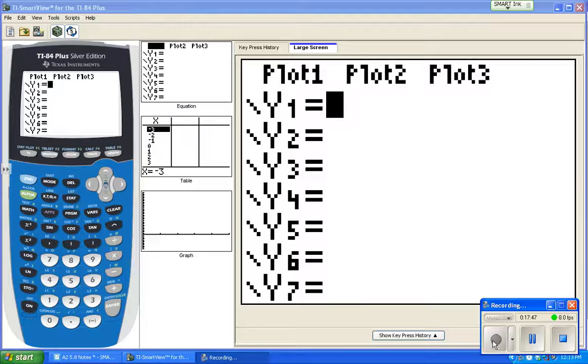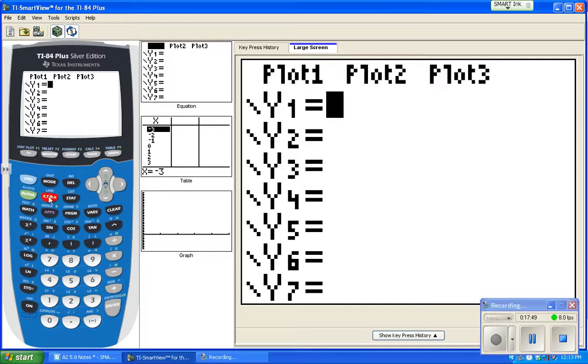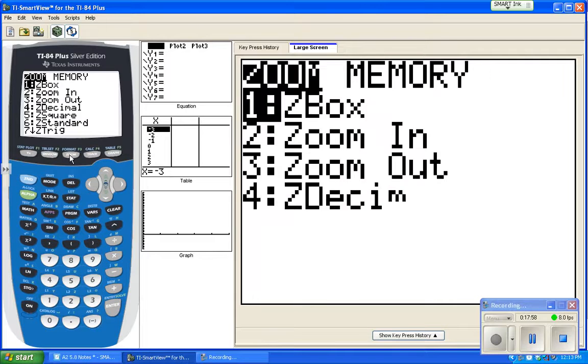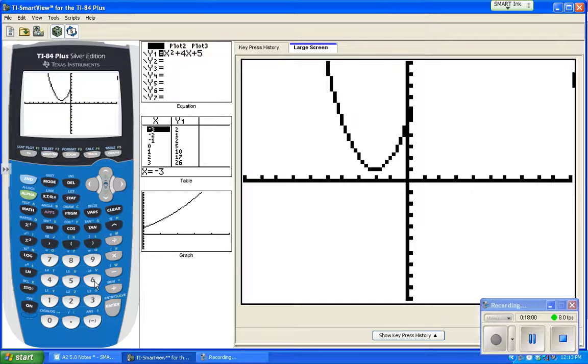Let me pause this for a minute. Let's graph everything. What was it? x squared plus 4x plus 5. I'm going to change my window back to standard. All right, so this looks like this.